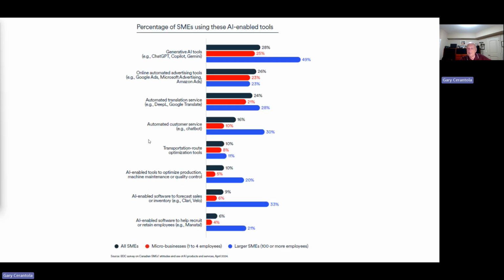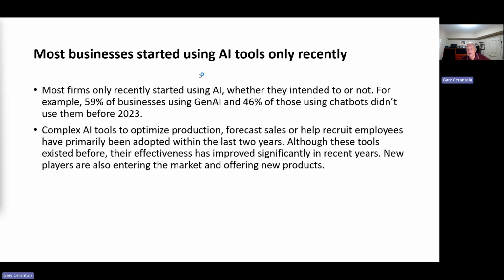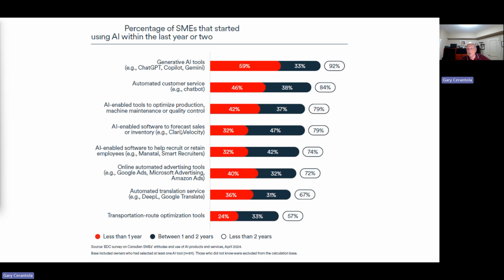And here's the percentage based on generative AI tools, online automated advertising tools, translation services, customer services, and in terms of automation, transportation. So you can see where the growth areas are. And most businesses started using AI tools only recently, but take a look at where that's going.